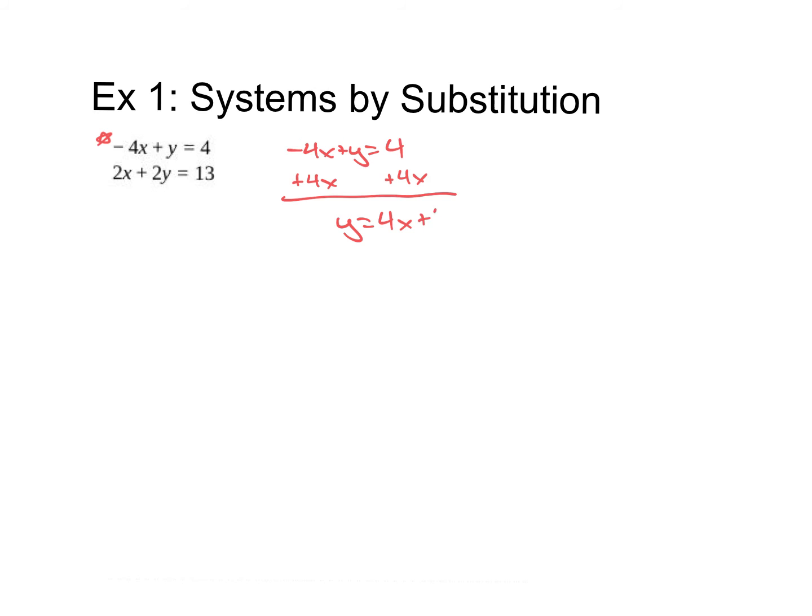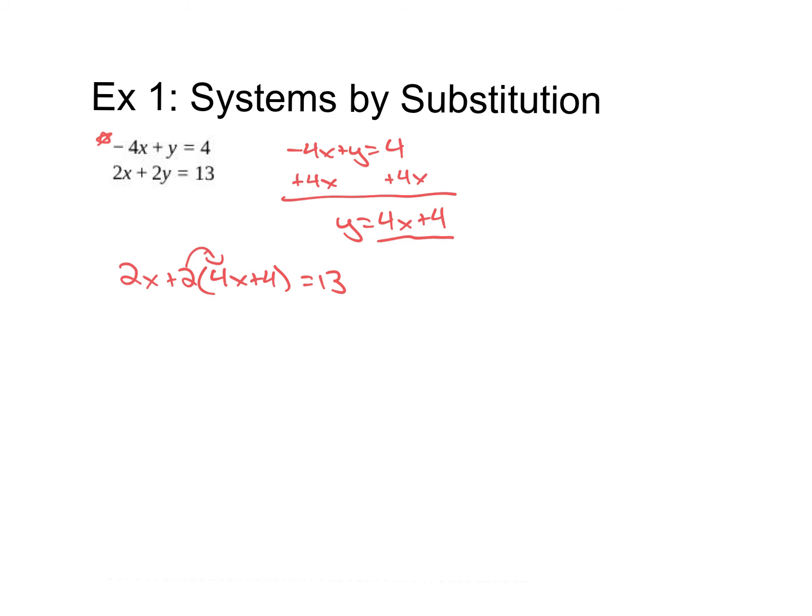And y equals 4x plus 4. Now we can go back and substitute the 4x plus 4 in for y. So if we look at 2x plus 2, now we are going to have to substitute in for y because we know that y is equal to 4x plus 4. And now we can solve.